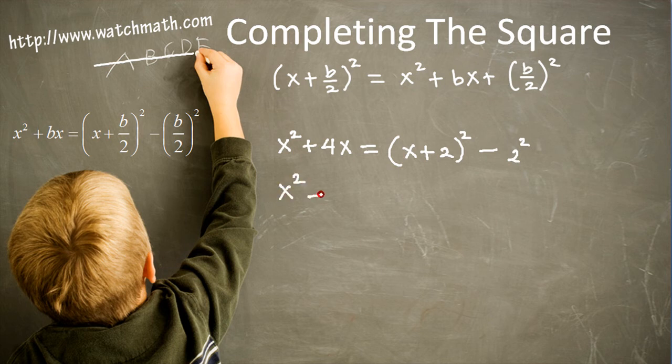Now let us do some other practice. x squared minus, say, 6x. According to this formula, it is equal to (x plus half of negative 6, which is negative 3) squared minus negative 3 squared.